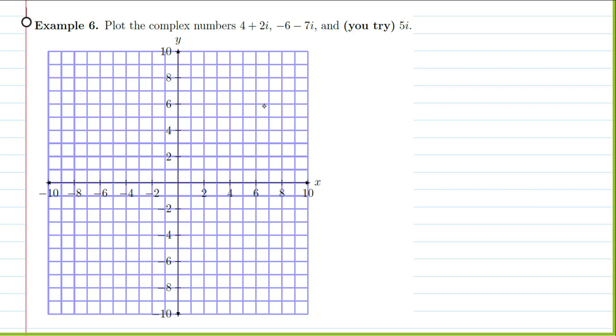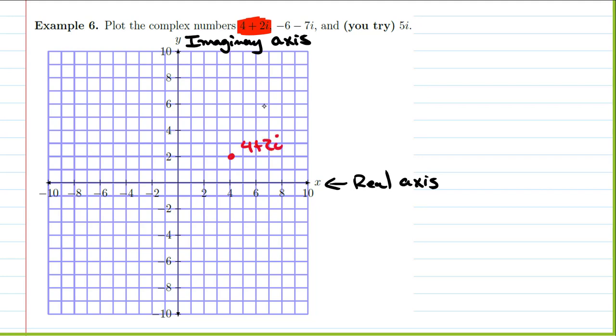So we have the number 4 plus 2i, which would be the same as the point (4, 2). So in that sense, the x-axis is called the real axis, and the y-axis is called the imaginary axis. So the point 4 plus 2i would be 4 and then up 2. And if I wanted to graph negative 6 minus 7i, that's going to be down in quadrant 3.